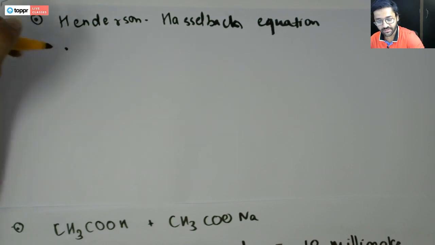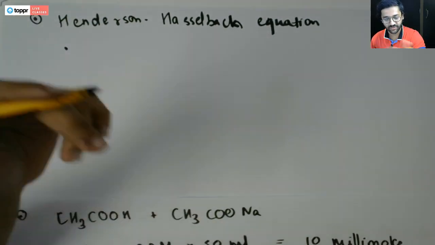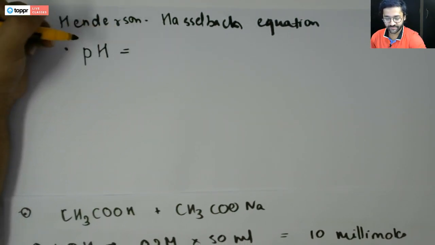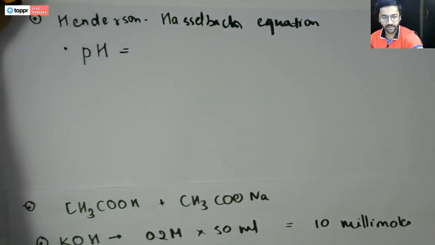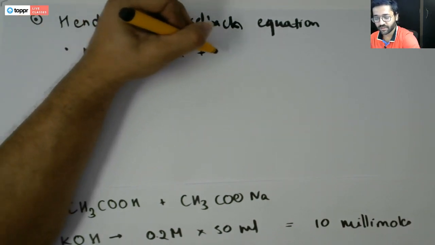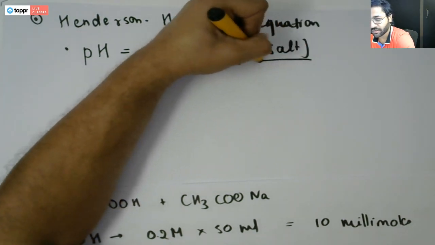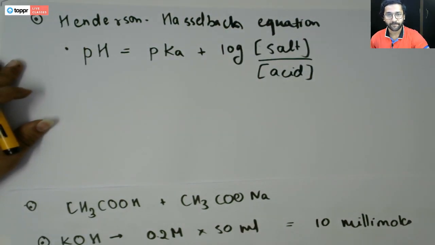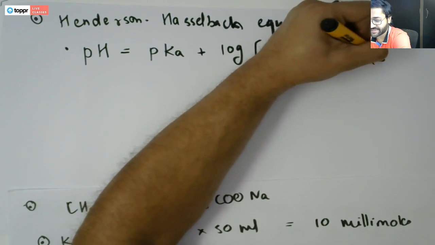These are two different equations for acidic buffers as well as basic buffers. For acidic buffers, we say that pH is equal to pKa plus log of concentration of salt upon acid. This is for an acid buffer.